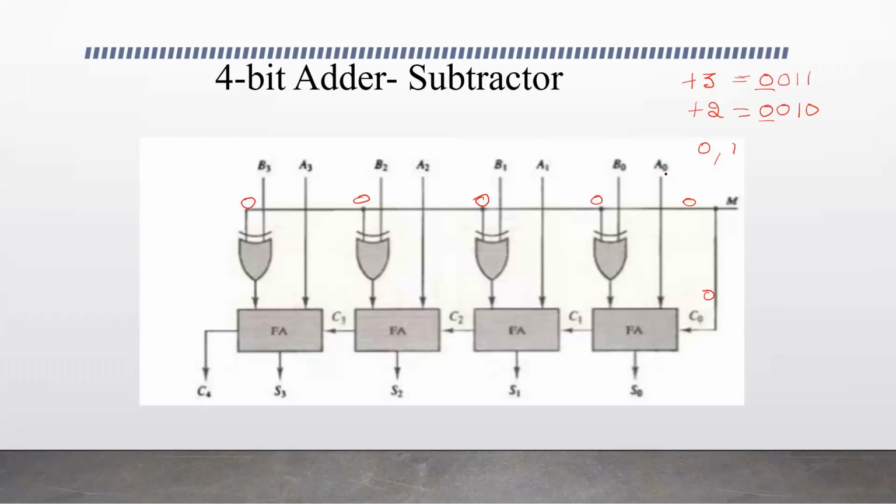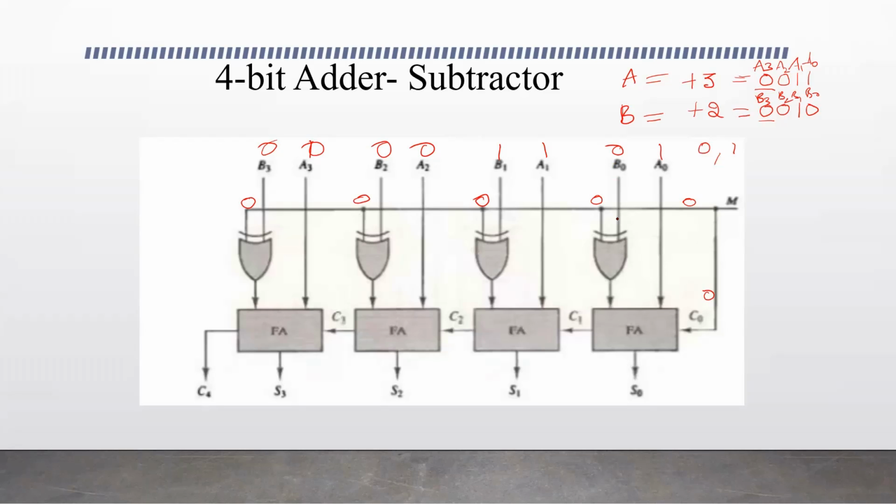This is A and this is our B. A naught is the first bit of A, then A1, A2, A3, and similarly B naught, B1, B2, B3. A is 0, 0, 1, 1, and B is 0, 0, 1, 0.